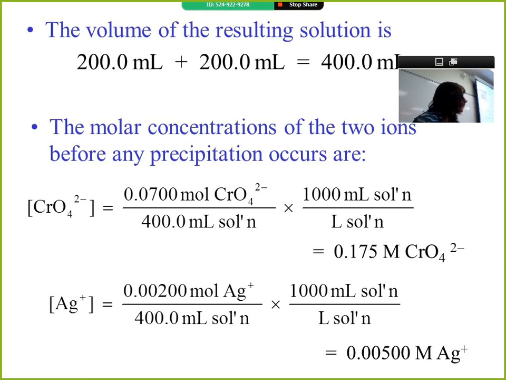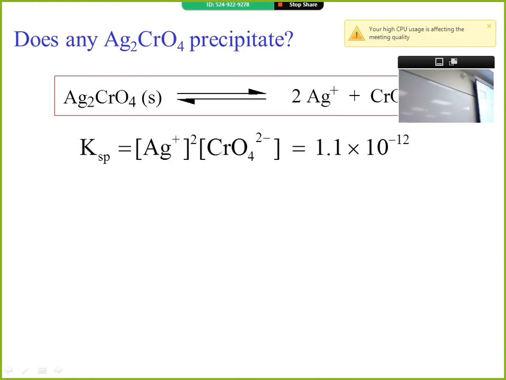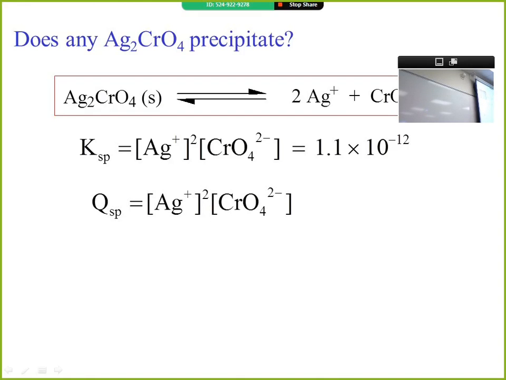Now we're ready to plug those into the KSP, sorry, the QSP, and compare it to the K. Here we go. The molar concentration of the silver, 0.00500.